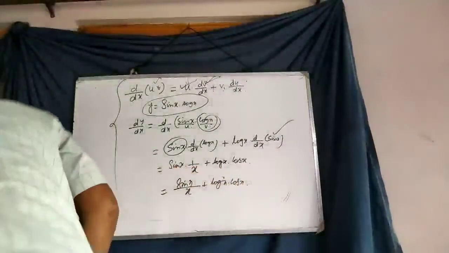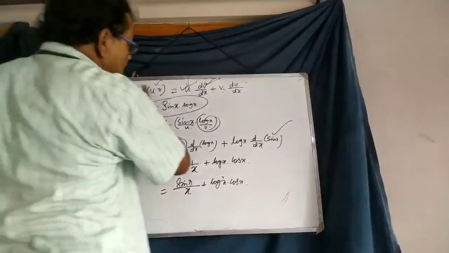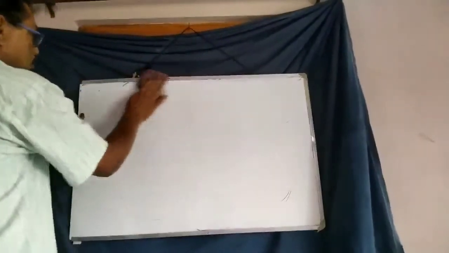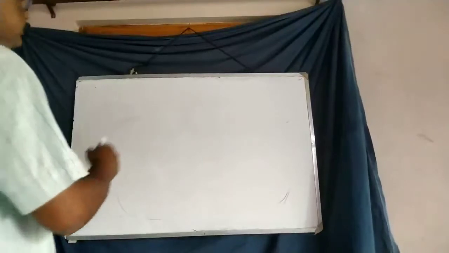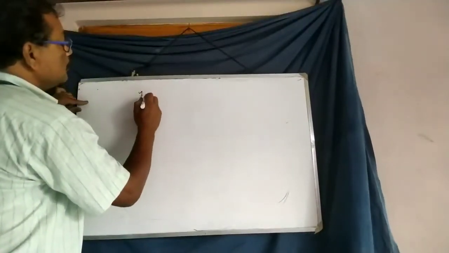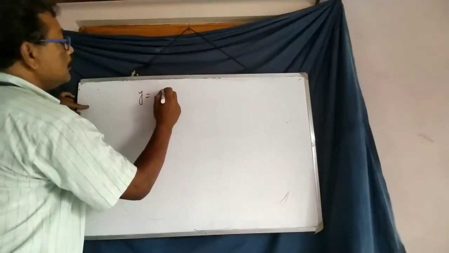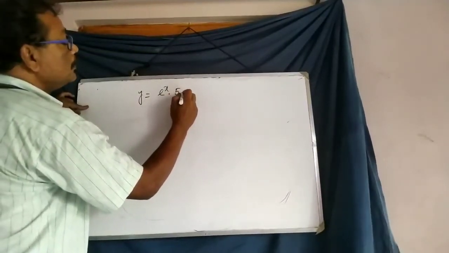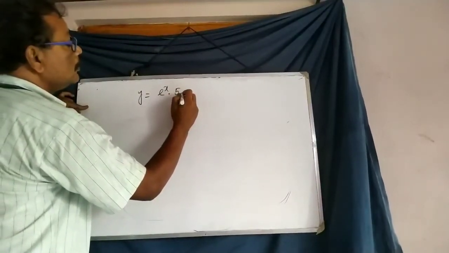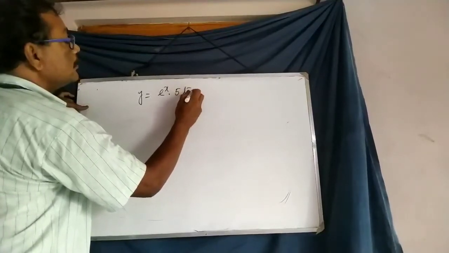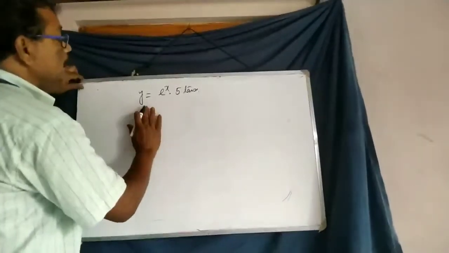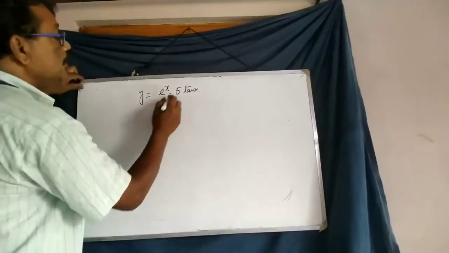Therefore, we are going to another question to apply this formula. y is equal to e to the power x into 5 tan x.